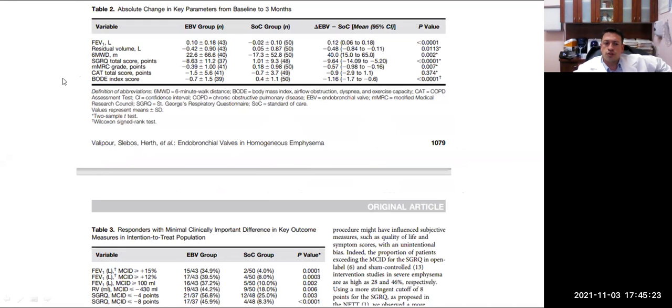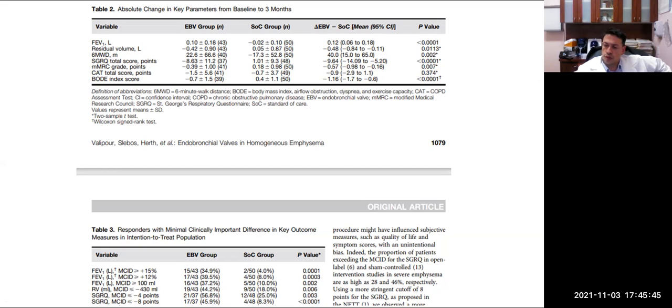These are two very helpful slides that show you what happens at 3 months follow-up. And basically, you could see the standard of care group versus the valve group. Okay, you have improvement in your FEV1 by 120 cc's.